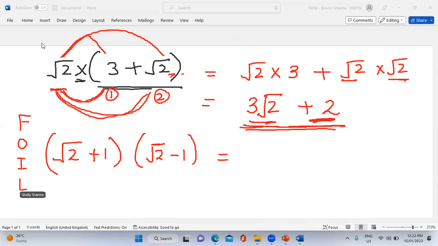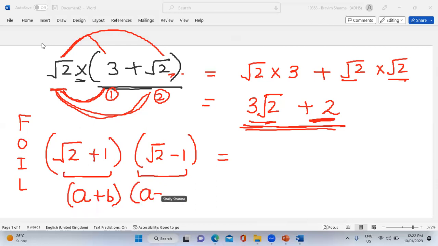Or what you can do here is, because this is a special kind of multiplication, it is of the form A plus B times A minus B. And this is always equal to A squared minus B squared.